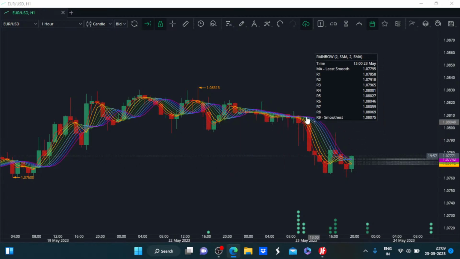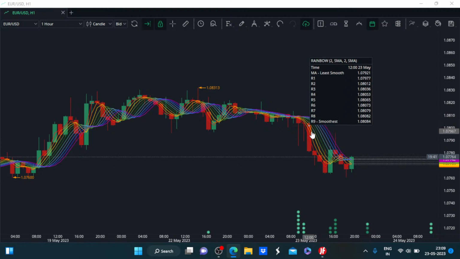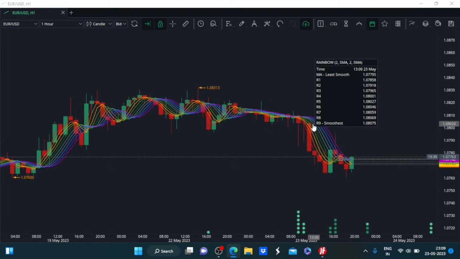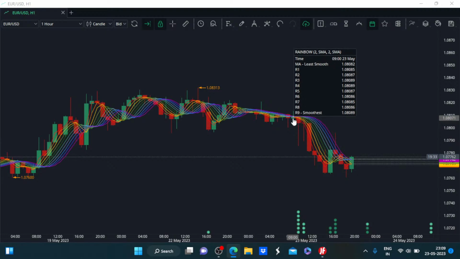So whenever there is this expansion happening in this rainbow chart band, we have to consider it as a sign that the momentum is strong. It can be bullish or bearish for that matter. If we look at the charts of today's trading session, the momentum was earlier in the day sideways, and then things picked up.